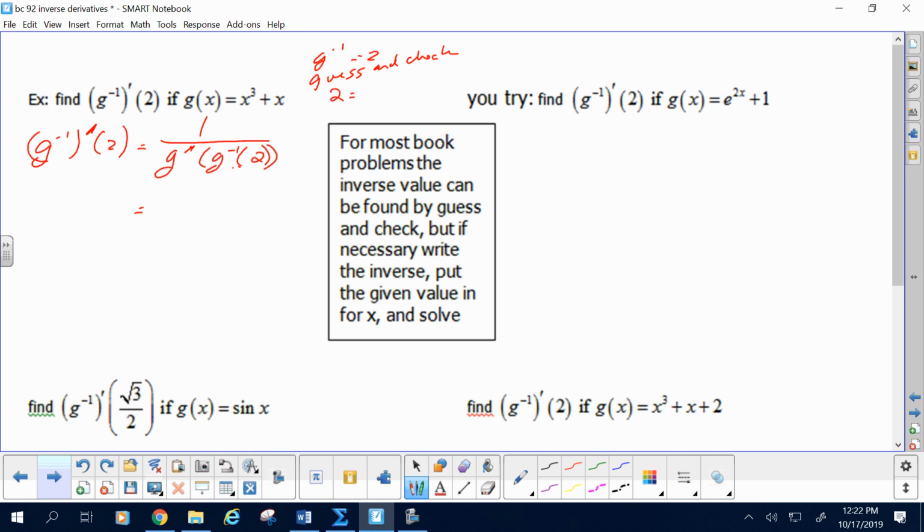Okay, let's write this at least once for your notes. 2 in the inverse, or x equals 2 in the inverse, is like y equals 2 on the original. You follow? So if I want to know what's G inverse of 2, that means go to the original and say, if the y was 2, what would make that outcome?